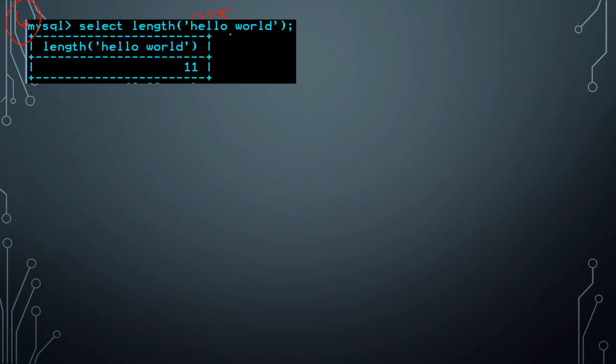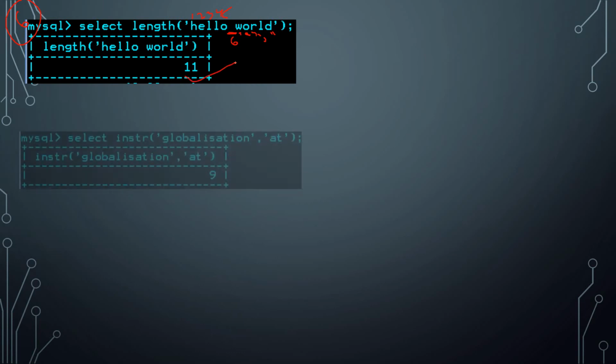Now always remember you have to count the space also, because it is counted as a character in your string. So here we have 6 and then 7, 8, 9, 10 and 11. So in total you have 11 characters in your string hello world.